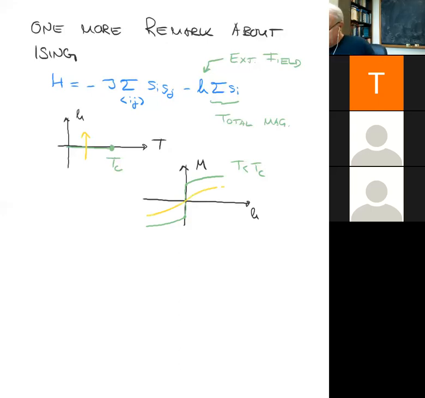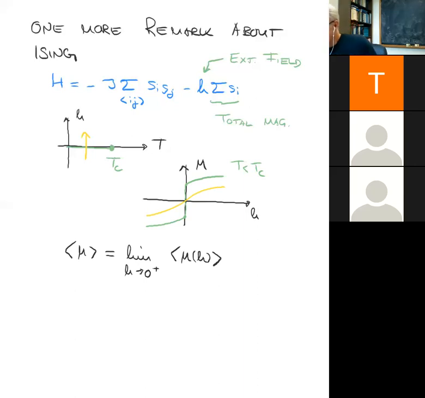Okay. And so if you wish, the spontaneous magnetization of the system, you can view this as the H goes to zero limit of the magnetization at finite field. So in some ways, what we really want is the limit that H goes to zero, let's say with the positive sign, so coming from the right, of the magnetization at finite field.